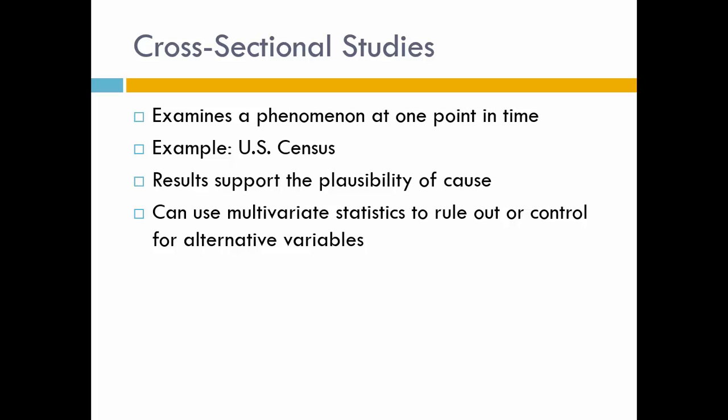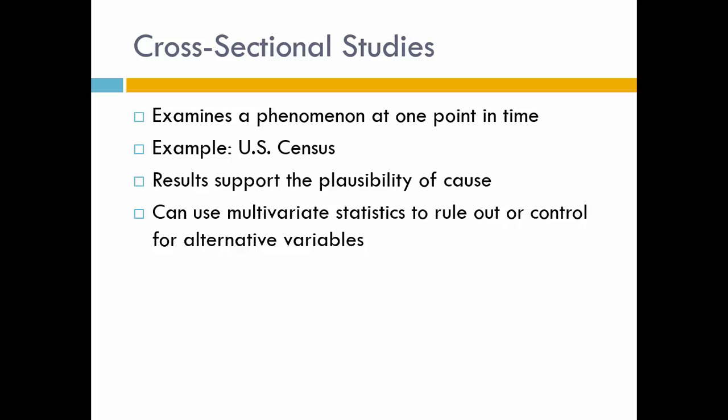The results might support the plausibility of a cause, but we can't say definitively that there's a cause. Okay, because we're not controlling for any of the threats to internal validity. We can use multivariate statistics to rule out or control for alternative variables.